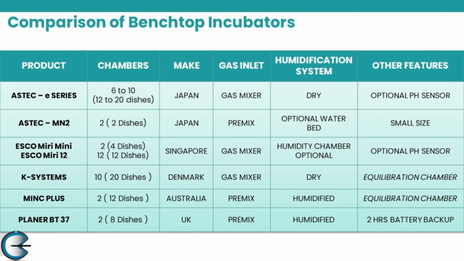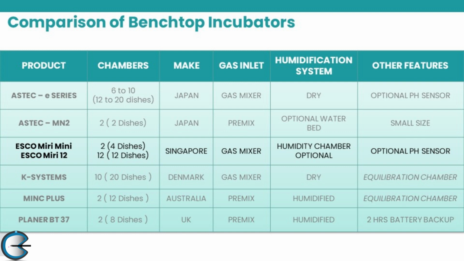So this brings us to the comparison chart of the typical benchtop incubators available in the Indian market. So Astec has two series, the E series as well as the mini MN2 series. The E series has a 6 chamber and a 10 chamber option made in Japan.